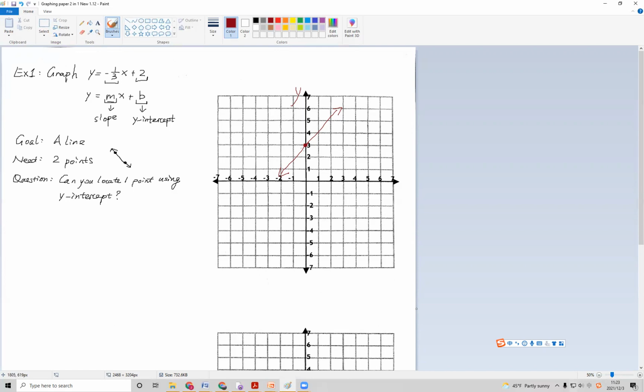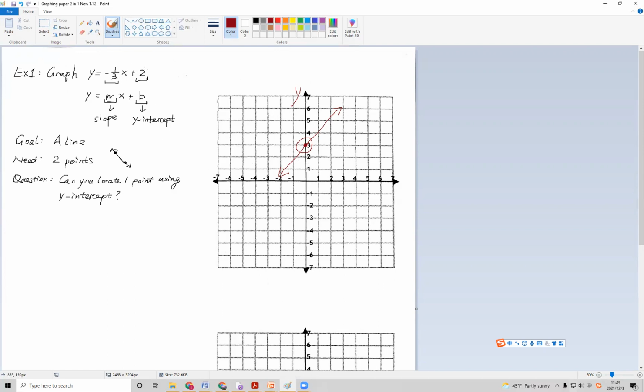Now let's work backwards. If I tell you the line you're going to graph has a y-intercept of 3, do you think you can locate this point on your y-axis using the y-intercept? So let's take another look.